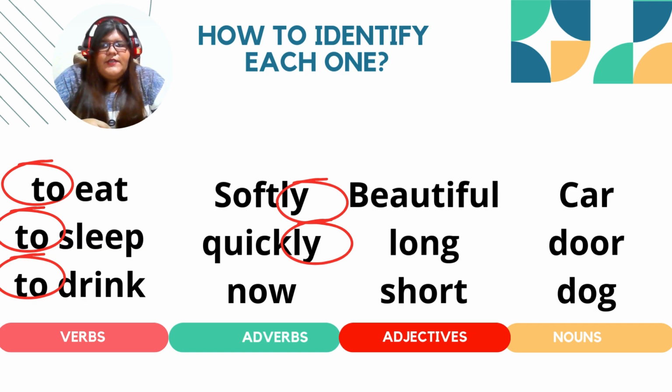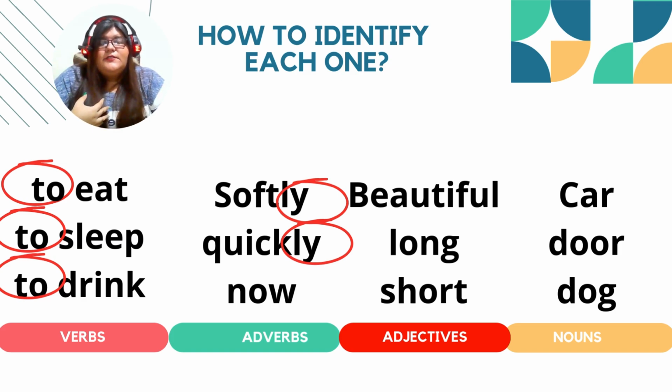Then we have here adjectives. Keep in mind that adjectives describe someone or something, for example, someone like a teacher. You can say the teacher is tall, my hair is long, and things like that, right?